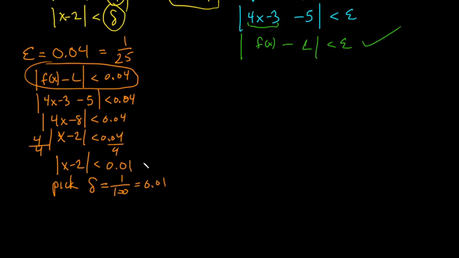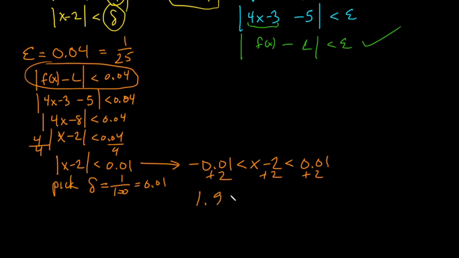So let's check that. What does this mean? x minus 2 in absolute value is less than 0.01. Well, it means that negative 0.01 has to be less than x minus 2, which has to be less than positive 0.01. And if you add 2 to everything, you get that x has to be between 1.99 and 2.01.